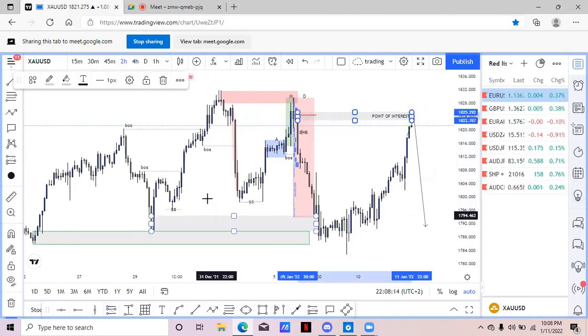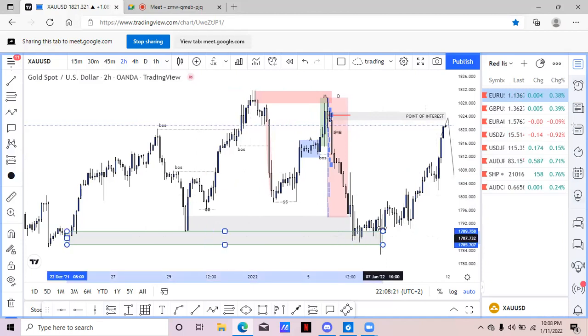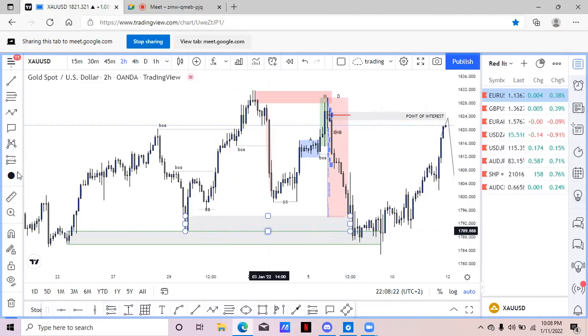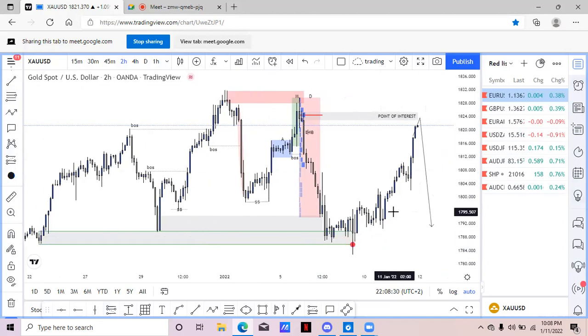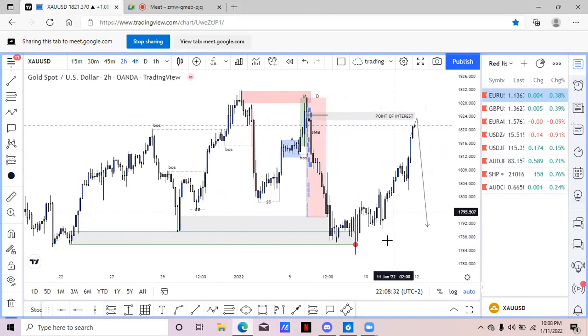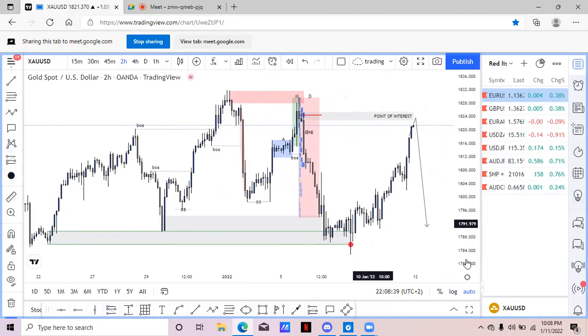So mostly, whenever you're trying to take an order block twice, this is what happens most of the time. You get a liquidity raid and the market pushes to the upside.